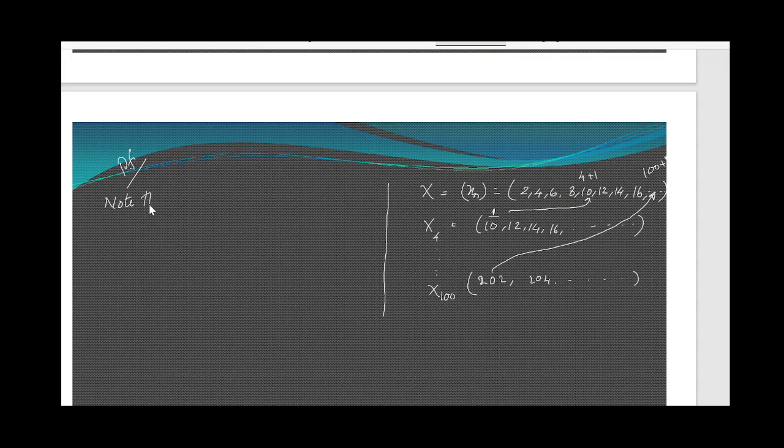So first we will note this relation. Note that for any natural number p, the pth term of x_m is the p plus mth term of x.